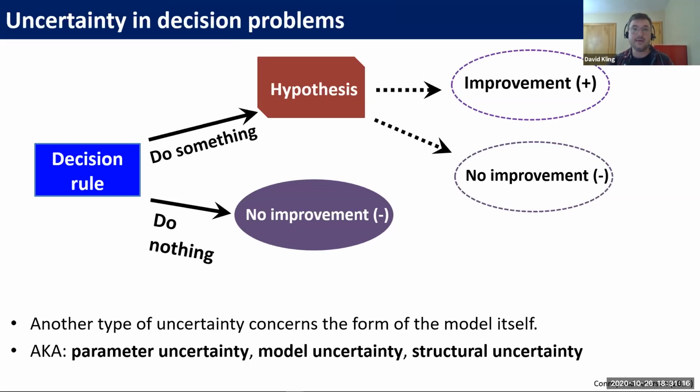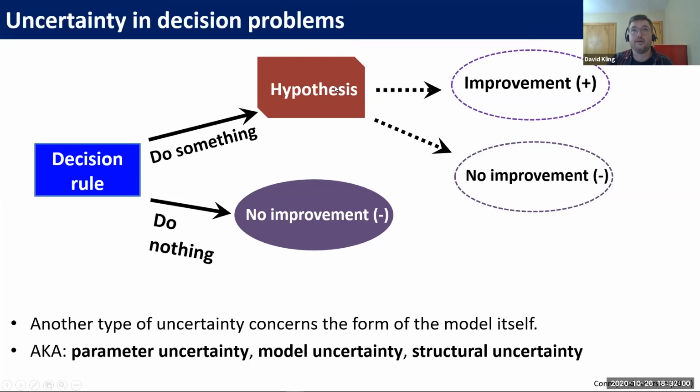But I think most of us that do research start out with problems where, once you form your structured decision problem, the model is anything but known with certainty. There can be quite a bit of uncertainty about different functional responses or other relationships in the model. This type of uncertainty is also known, in different literatures and applications, as parameter uncertainty, model uncertainty, or structural uncertainty. It refers to the case where a decision maker maintains hypotheses about, say, a functional response.